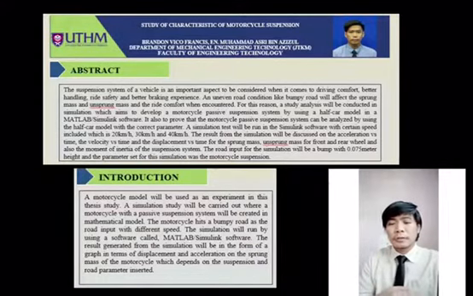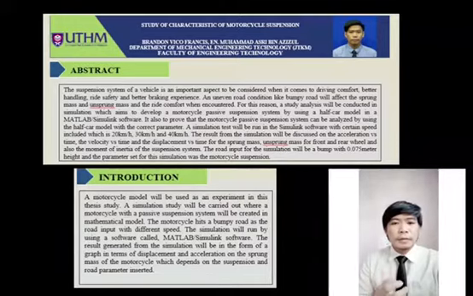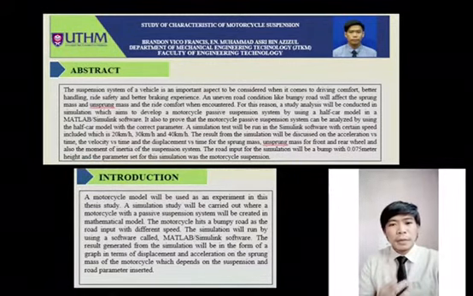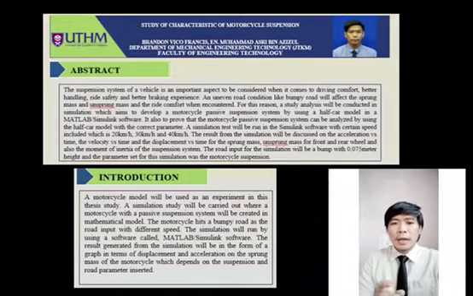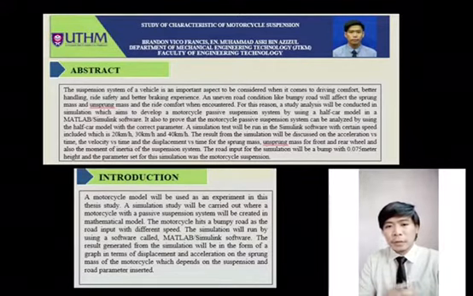Basically, this project is quite simple because I just need a study of a mass spring damper system, and by using the mass spring damper system, I will generate the half-car model that represents the motorcycle suspension system, as most researchers have done in studies of the half-car model of a vehicle to study the suspension system of the specific vehicle.